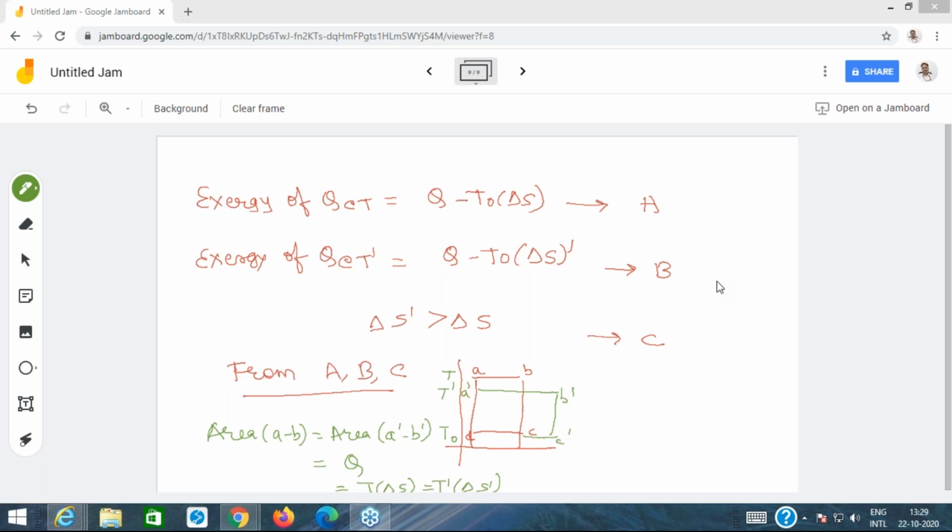So what is now the area A dash, B dash, C dash, D?